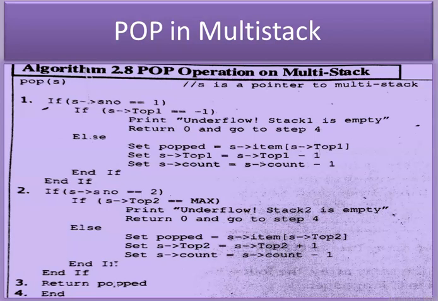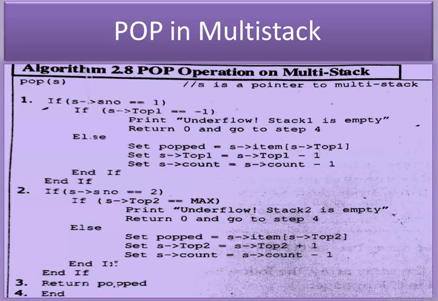If it is 2, we are considering the right side of the array. I have told you that the invalid condition for that index location is max. If the top 2 value is max, we are sure that there is no item left in that portion of the array which belongs to stack 2.